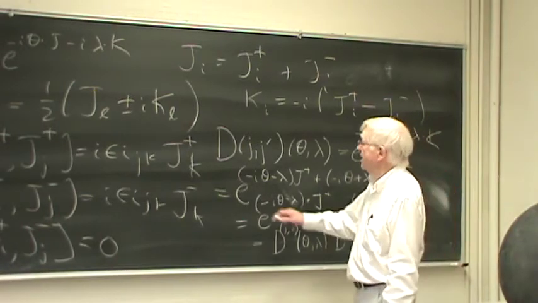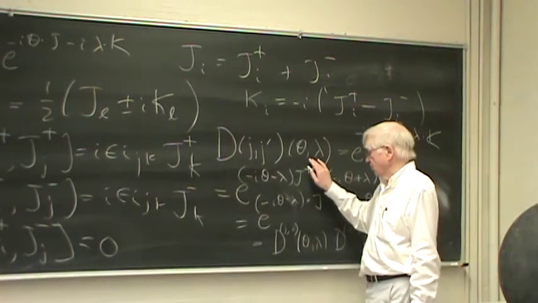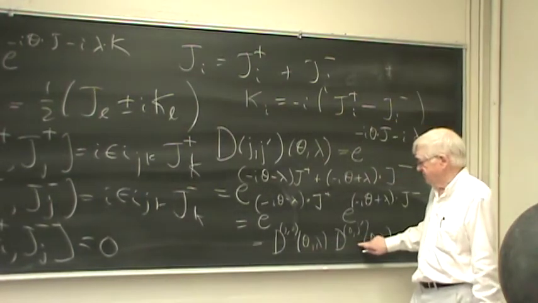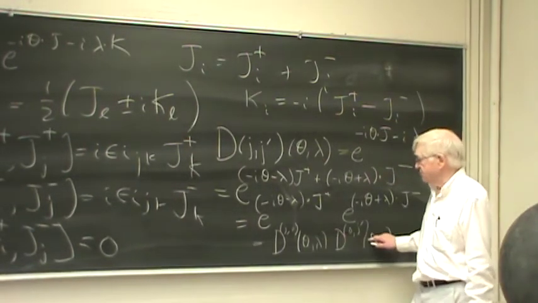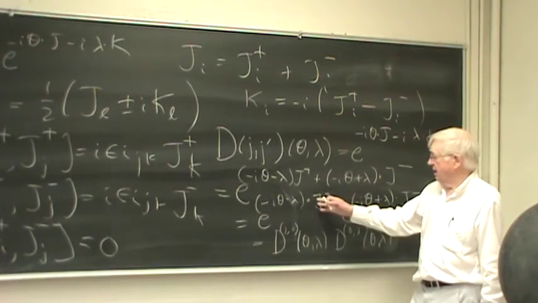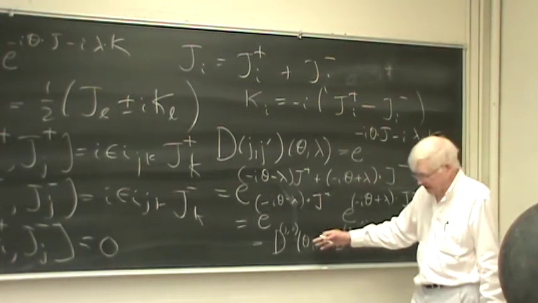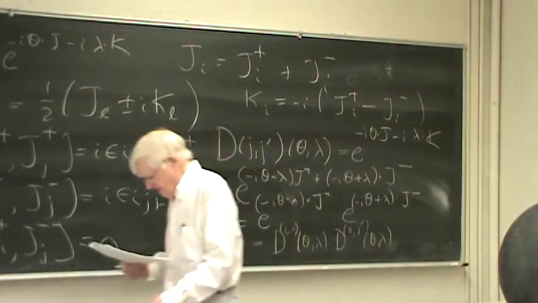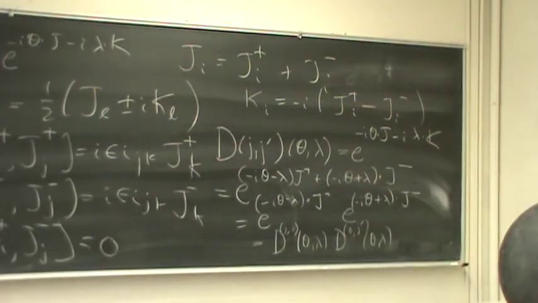So in other words, the general representation of the Lorentz group is the product of two matrices that are like the representations of the rotation group.